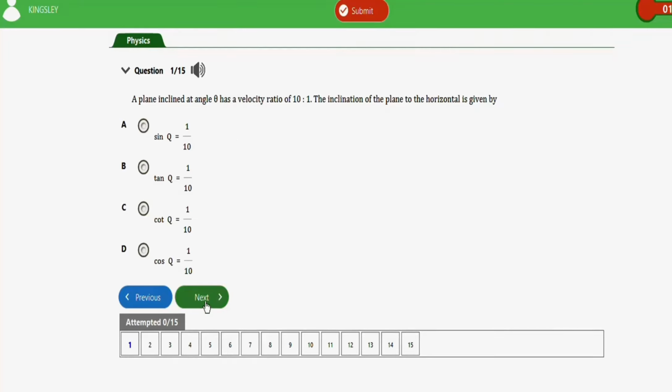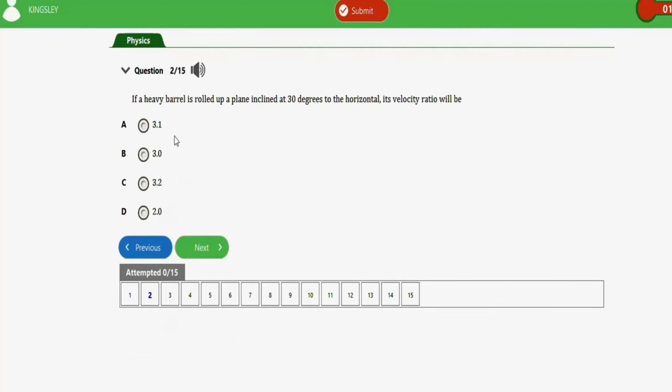The next repeated question says, if a heavy barrel is rolled up a plane inclined at 30 degrees to the horizontal, its velocity ratio will be. Like I already said, velocity ratio for a plane inclined to the horizontal is usually 1/sin of the angle. So the angle there is 30 degrees, sin 30 is 0.5, so this is 1/0.5.